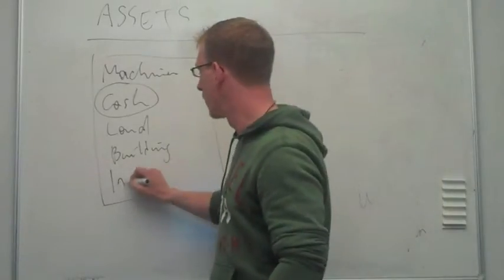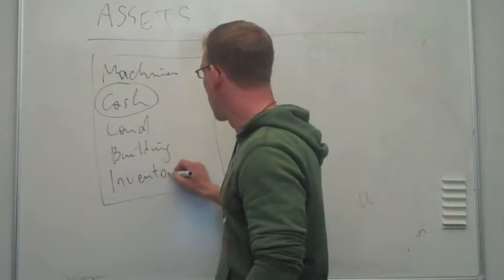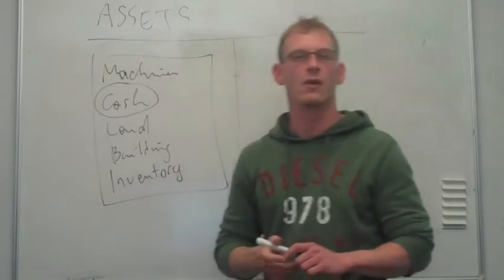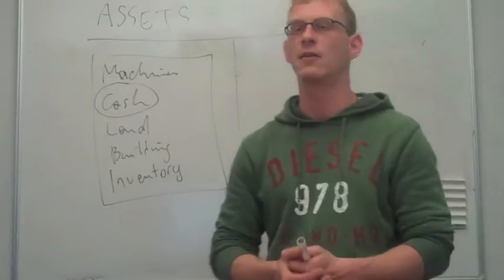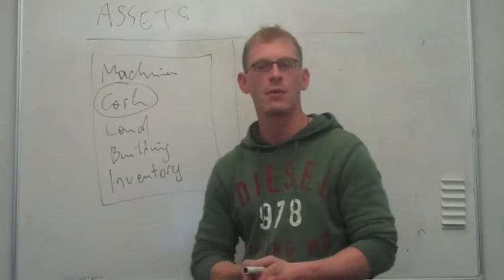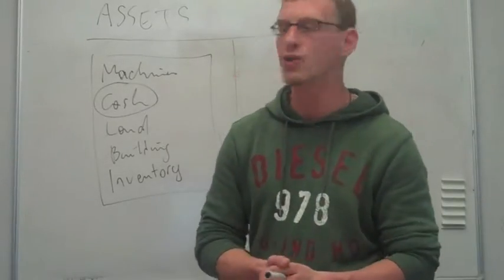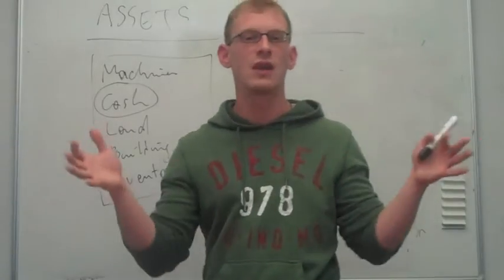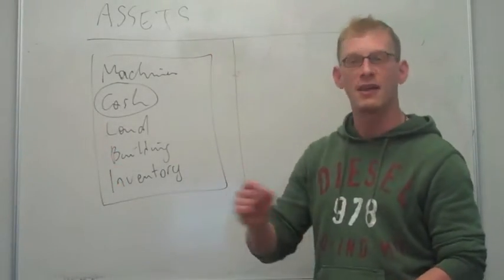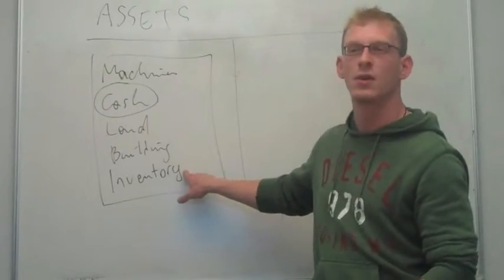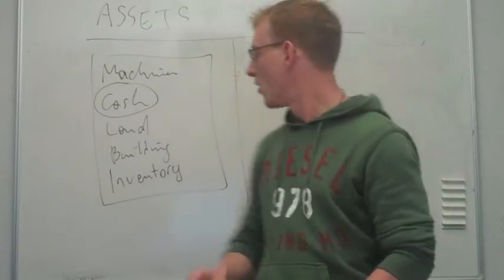It's also important: inventory, all the goods a company produces with the intention of selling them. If you take Albert Heijn, for example, a huge Dutch supermarket chain, all the stuff you see on the shelves would be considered the inventory of Albert Heijn. The intention of holding that inventory is, of course, to sell it to customers.